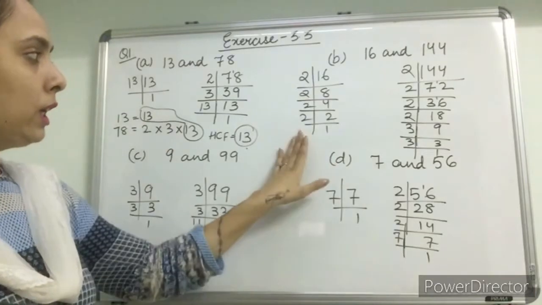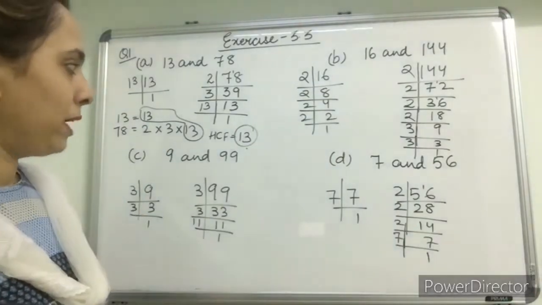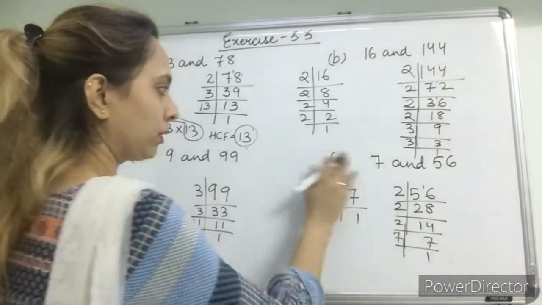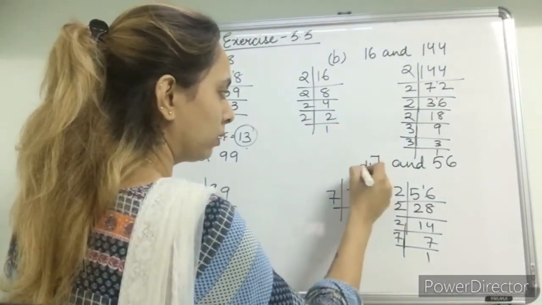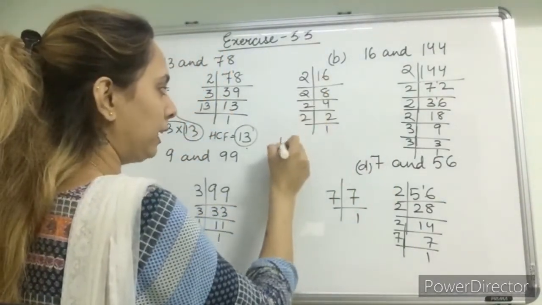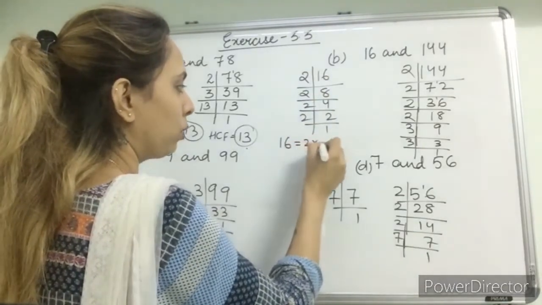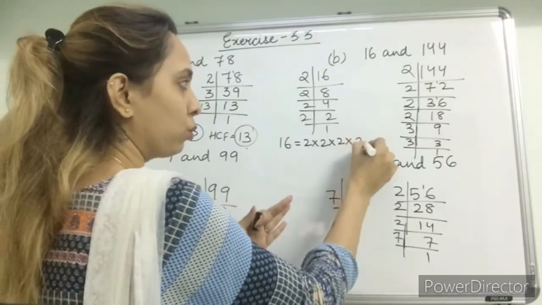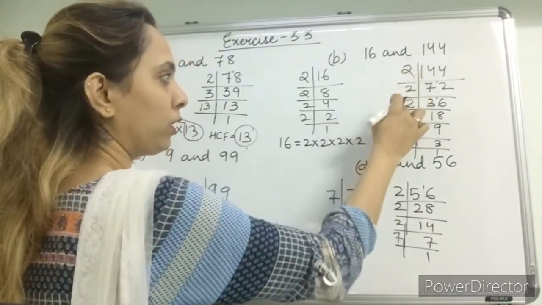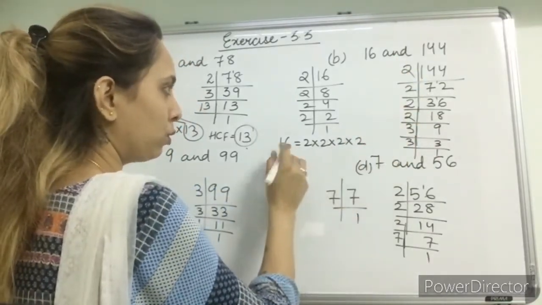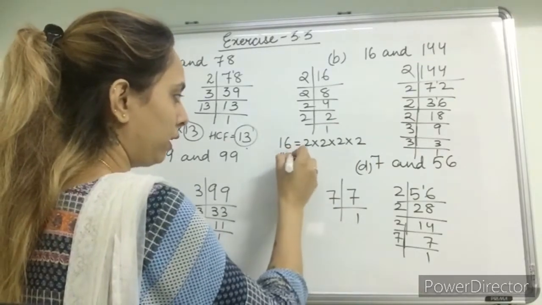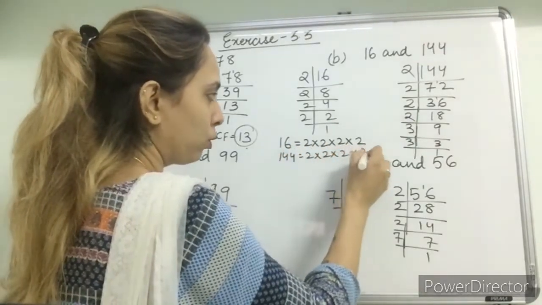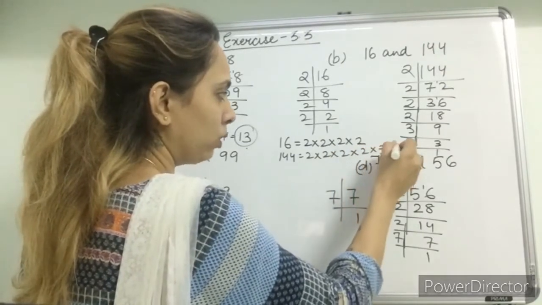Let's go for the next numbers. I don't have space here, so I will do it here. For 16, I will write 2 into 2 into 2 into 2. For 144, 2 into 2 into 2 into 2 into 3 into 3.